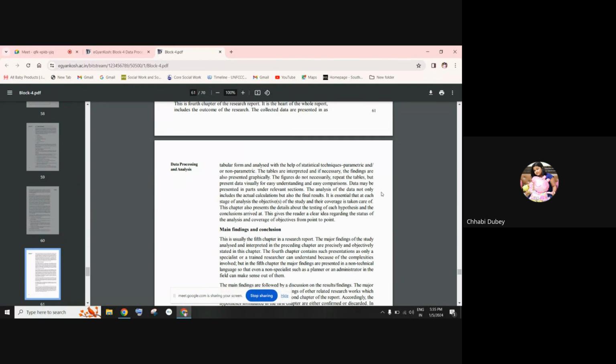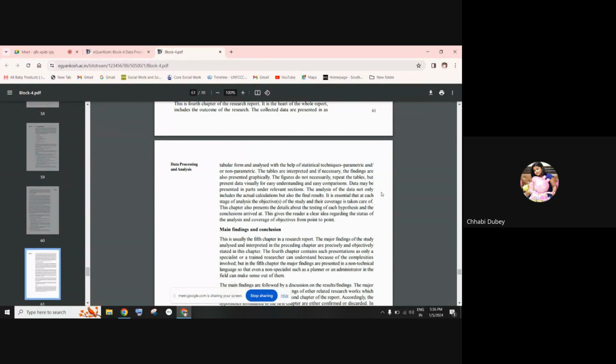So basically, the tabulation and presentation of data in graphical format, then the use of different statistical tools, and finally the arrival at various conclusions. All of these will be done in this particular part of data interpretation.